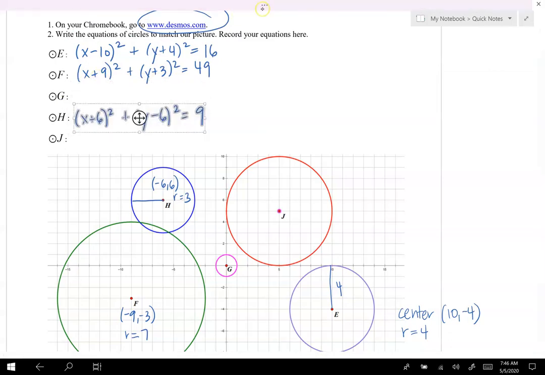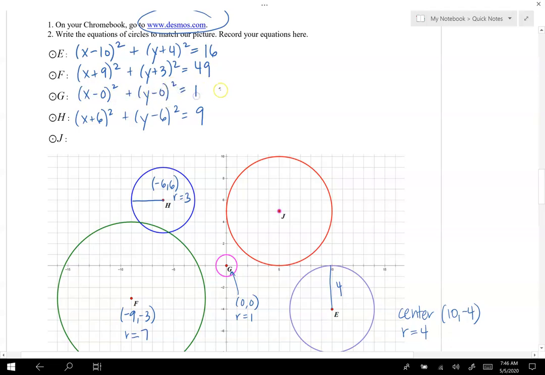All right, we'll actually try circle G this time. It's very little. Its center is at 0, 0, and its radius is 1. So if its center is at 0, 0, you have two options. You can write plus or minus 0 here. Doesn't matter to me. And then 1 squared is 1. Or you could just leave it as x squared plus y squared.